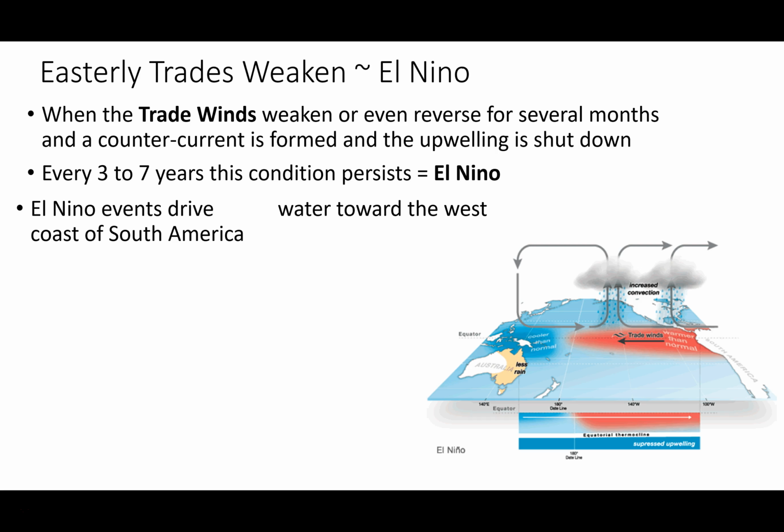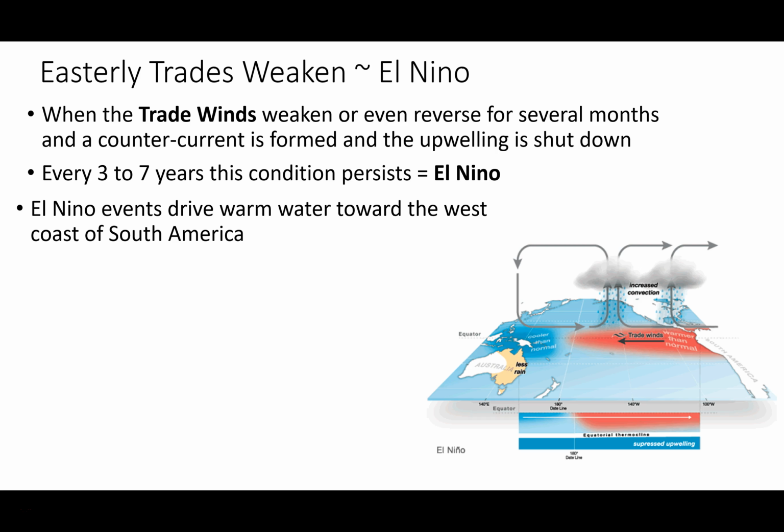And it actually has consequences other than just being warm here off South America and not having nutrient-rich waters. The other thing it can do is you can kind of see the water here. What it does is basically storms that would have gone over here, we kind of talk about Indonesia and Australia as being the counterpart to South America. These guys get too much water and these guys don't get enough.